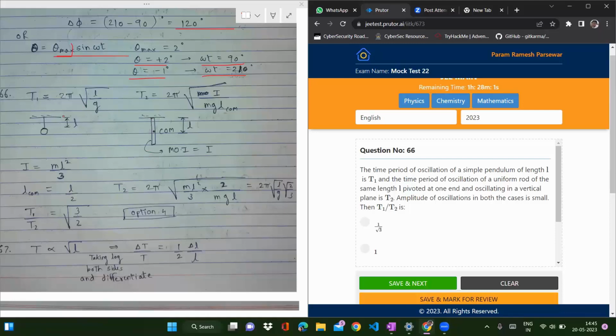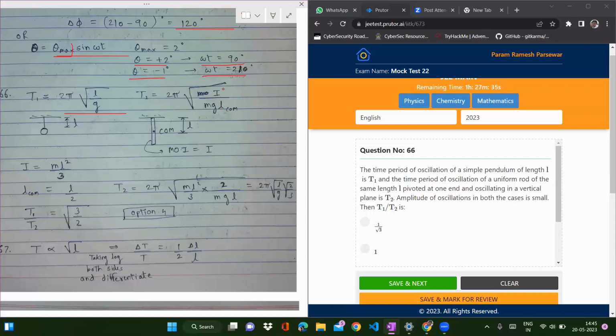So for a simple pendulum, the formula for time period is 2 pi under root L by g. But whenever a rigid body is performing oscillations, it forms a compound pendulum. So here the rod is this rigid body and it is performing the oscillations. And the formula for a compound pendulum's time period is 2 pi under root I by mgl.